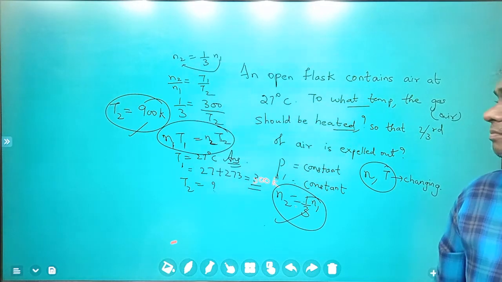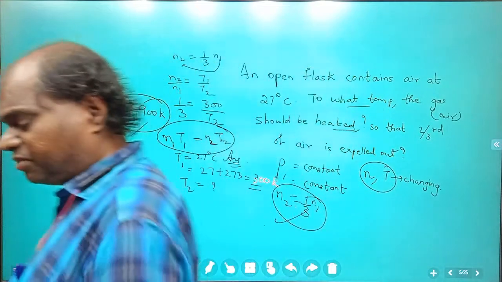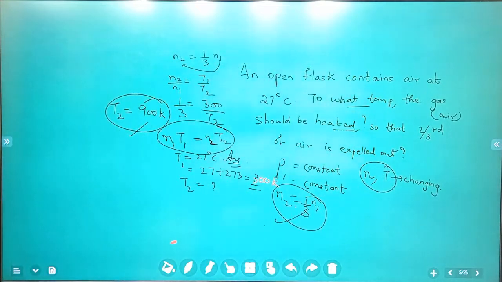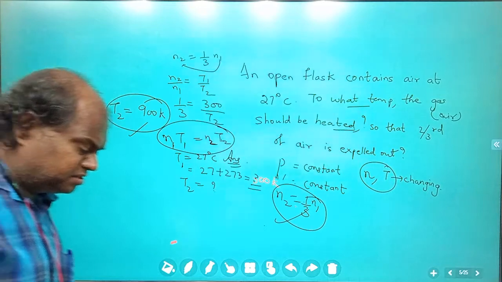So are you getting it? This is how you do some. So please copy this down, very important sum. Please copy fast. Very, very important sum. So students, I hope you understood this sum, right?